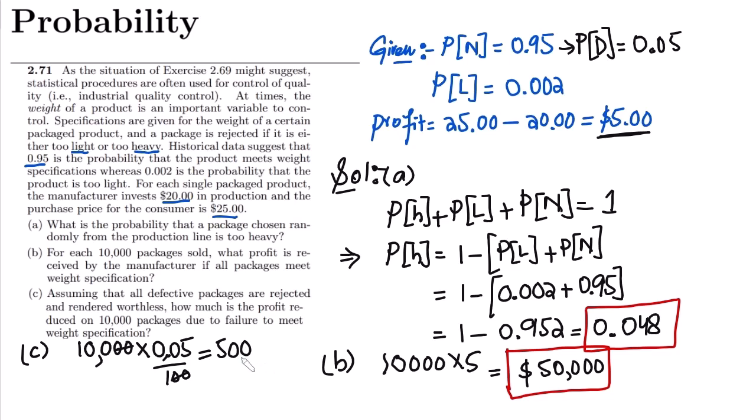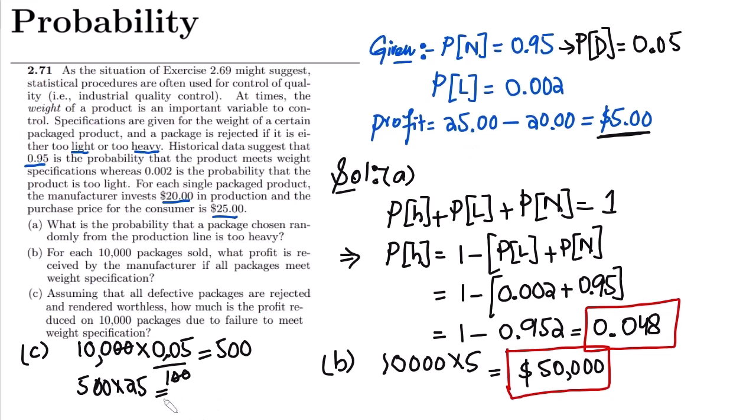So for the 500 packages, how much cost will I get and how much profit will it have? Let me multiply this 500 with this $25, which is the total cost, which not only includes the actual cost but also the profit as well.